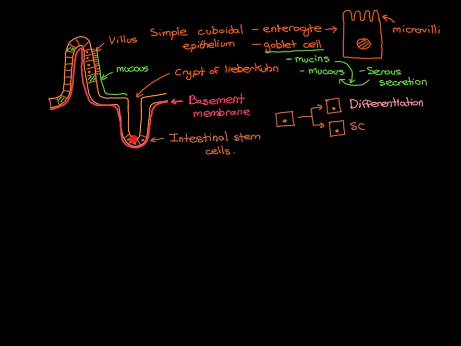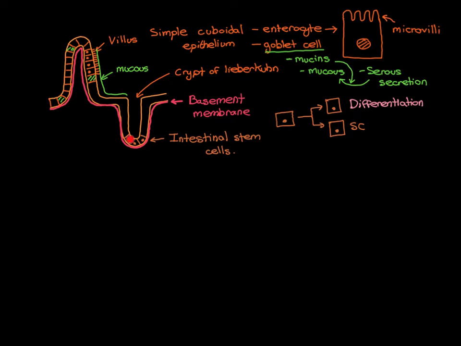Okay, so these intestinal stem cells continually divide. They produce a new cell that stays in their position and keeps the population of intestinal stem cells the same, and then they produce another one that comes off upwards, which will begin the differentiation process and might become an enterocyte or a goblet cell.